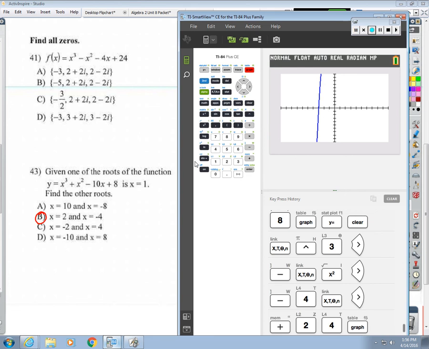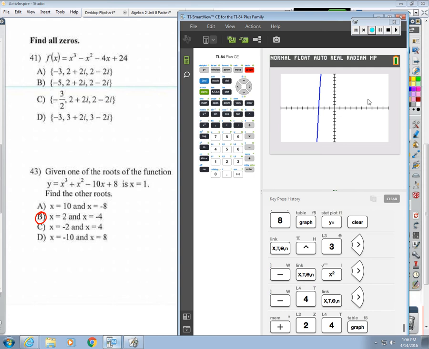Okay, since it's cubed, we would have expected it to cross the x-axis 3 times. However, we only see it cross once. Well, that kind of makes sense because look at these solutions. These other two solutions are imaginary. We don't see them.